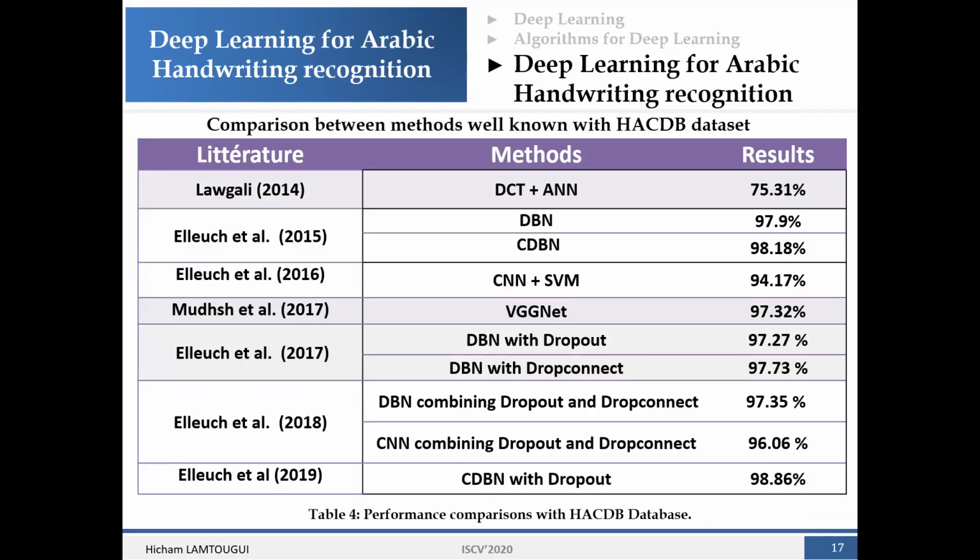Another comparison of recent work on the dataset HECDB is presented in table 4. First of all, the discrete cosine transform technique is introduced with ANN for the extraction of characteristics.